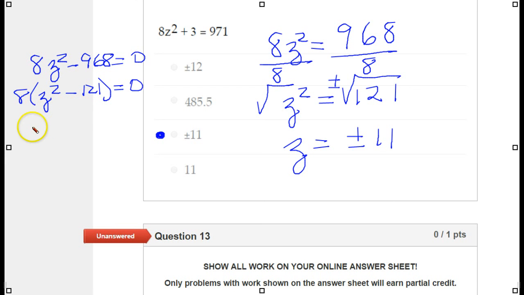And this factors into its conjugates, z plus 11, z minus 11, and you get the same results. Or you could have put it into the quadratic formula, which would have been rather tedious because these numbers are so big. Okay, but again, you need to show some work to support your answers.